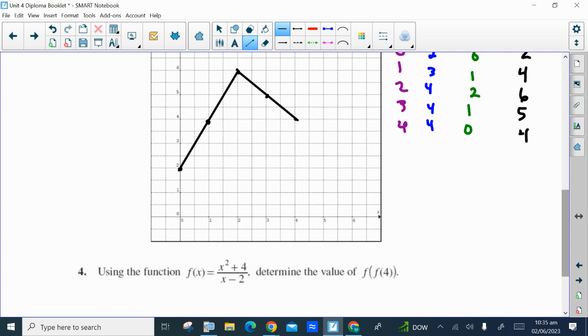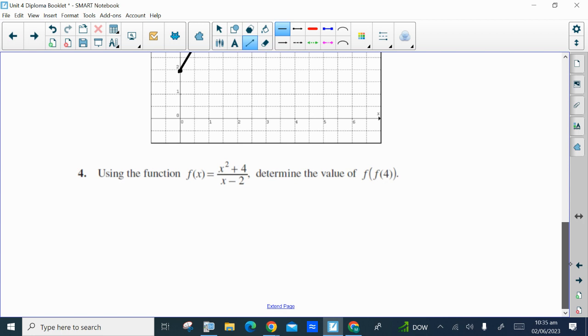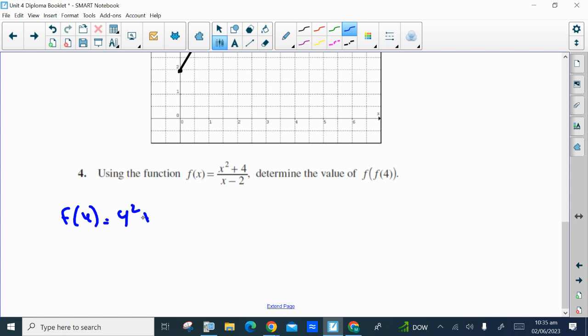Right? Number 4. Using that function, what is the value of f at 4? So you're going to do it twice, working from the inside out. F at 4 by letting x equal 4 gives us 16 plus 4, or 20 over 2, which is 10. So that's the value of f at 4.